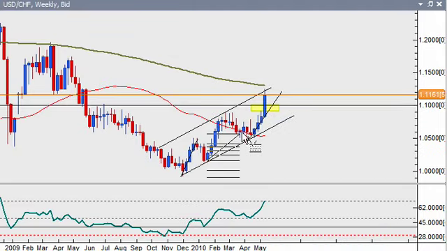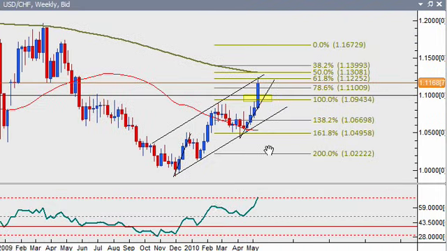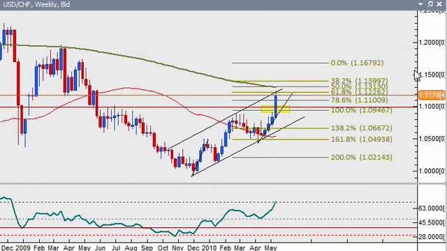So if we have a 161.8% extension of this wave, then we would go to the 1.16 area. So I would be a little bit conservative and look for the market to top off around the 1.15, 1.16 area, not so much 1.1680 as this indicates.